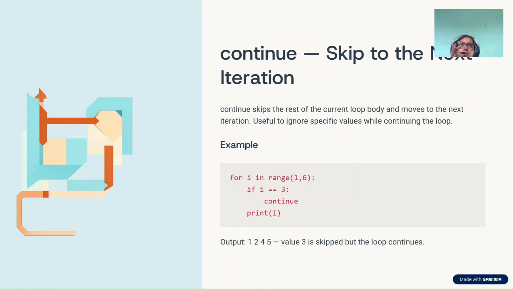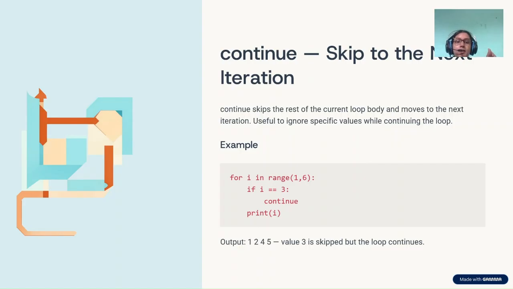For example, if we have a loop that is supposed to run 5 times, and the loop has run once, then it's running twice, and we have written a continue statement there, right? Then it will just skip this one iteration and go to the third iteration.